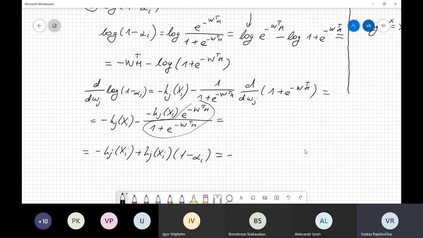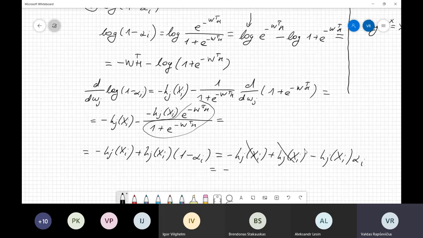Let me write it down anyway: h j x i, this is plus h j x i, and minus h j x i alpha i. So these two go away, and what we get finally is minus feature times alpha i.